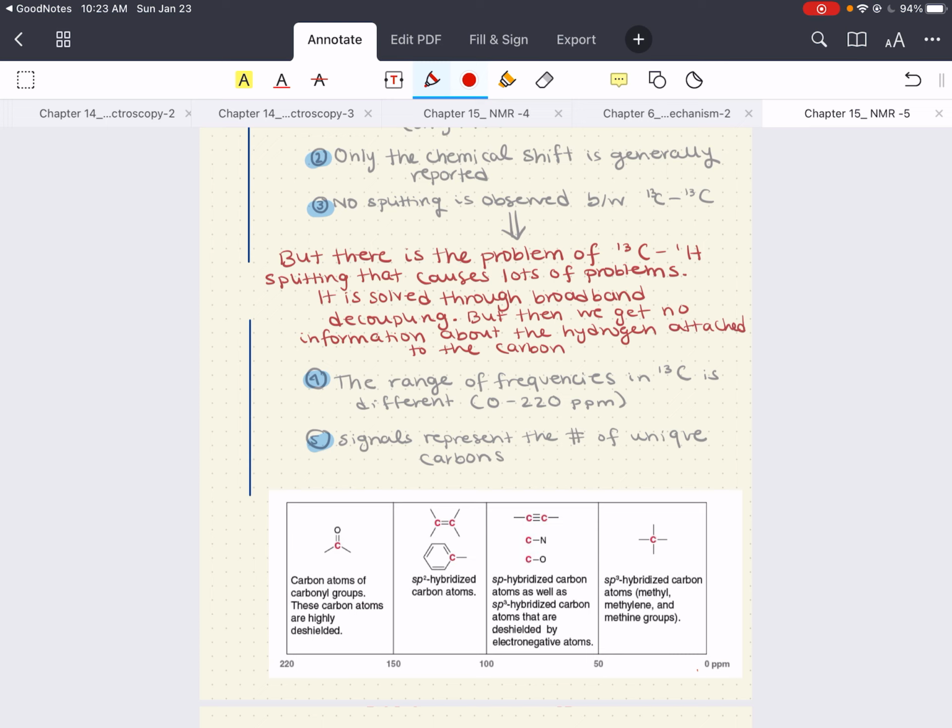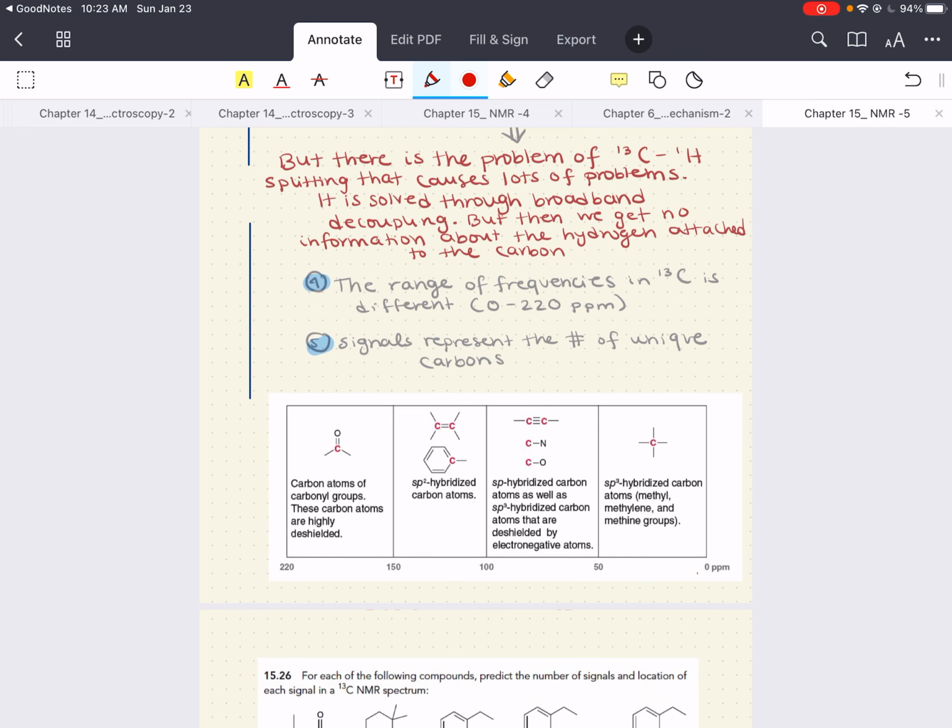The number of signals in carbon NMR represents the number of carbon atoms in different electronic environments. So here we see the breakdown for carbon NMR spectra and where you would expect to see different groups. Anywhere between 0 and 50 ppm refers to an sp3 hybridized carbon atom like a methyl, a methylene, or a methine group.